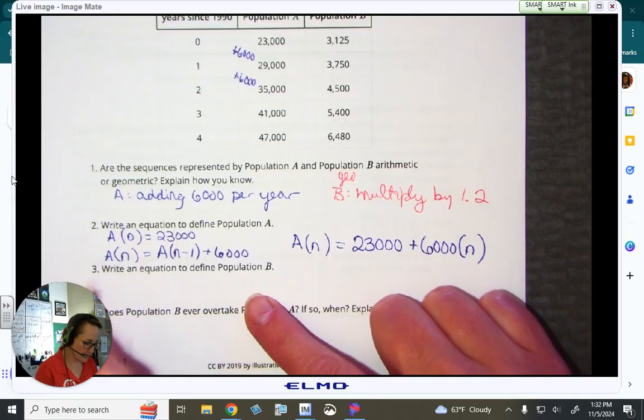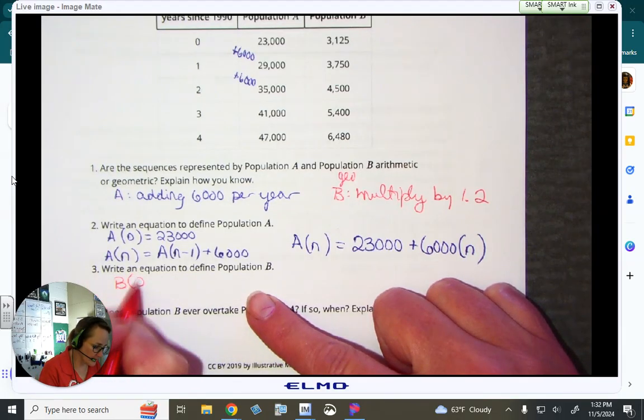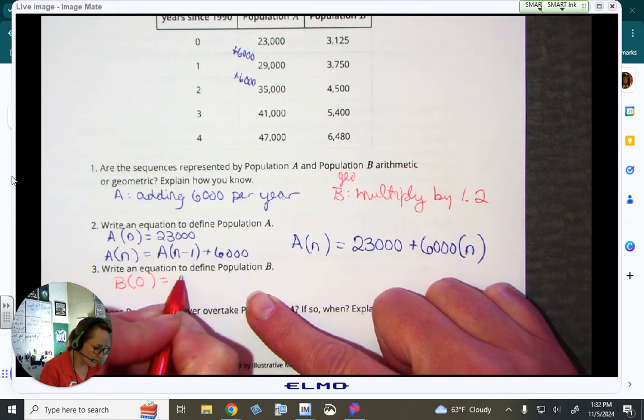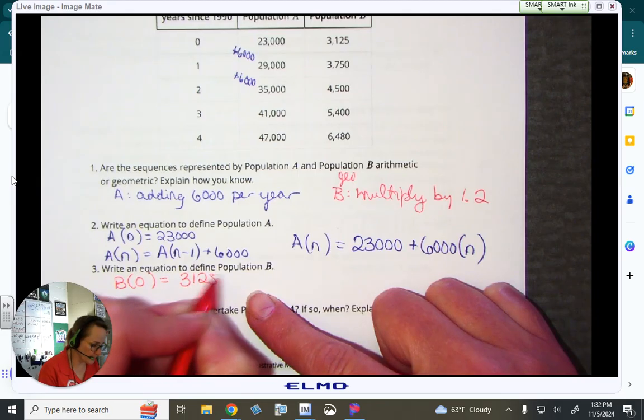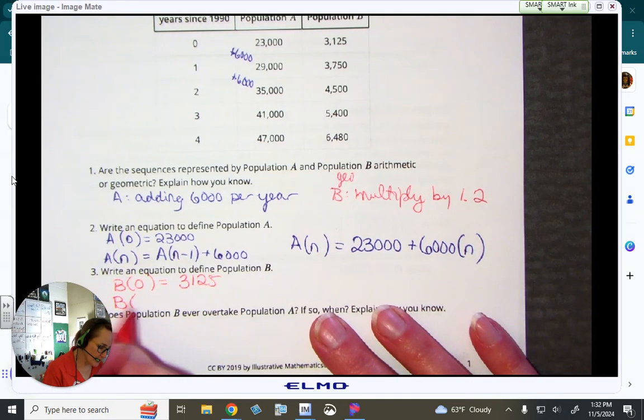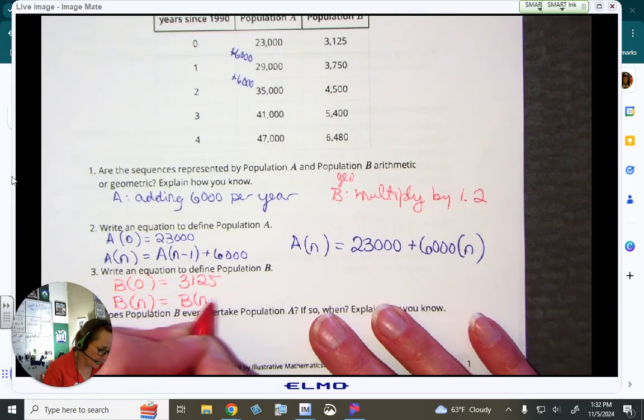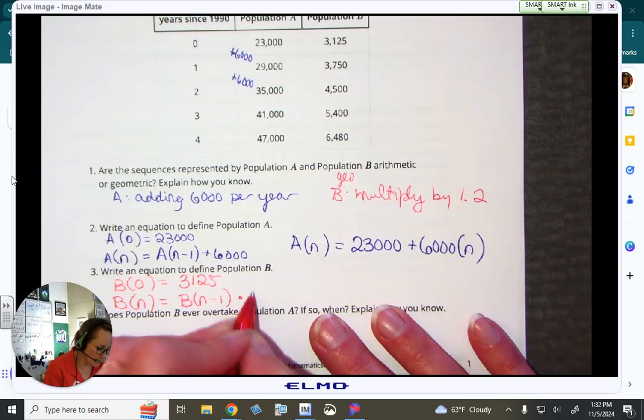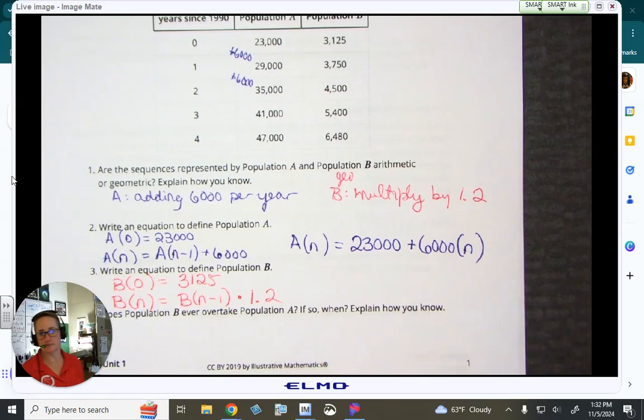So an equation to define this, we start this one with a much smaller population. And then each year after that is the year before it times 1.2.